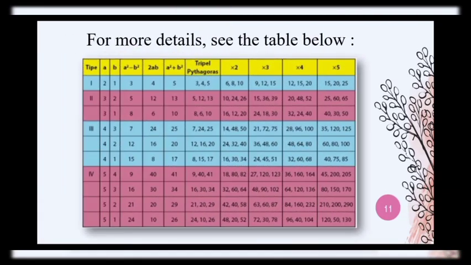There are 4 types of Pythagorean triple, but I want to tell you, for example, only type 1. In type 1, the value of a is 2 and the value of b is 1. We substitute the values of a and b into the first formula, that is a squared minus b squared, so the answer is 3.